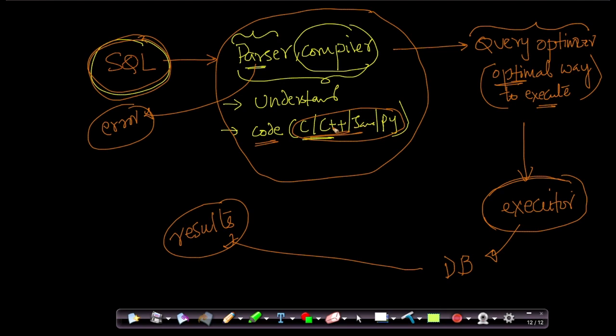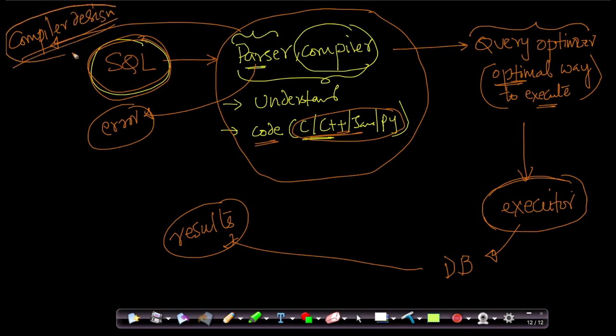To understand how parsers and compilers work very deeply, you have to know a whole subject called compiler design, which explains how parsers and compilers are designed. This is a subject that we typically learn at undergraduate level computer science, and it is semester long. It's not a topic, it's a whole subject.